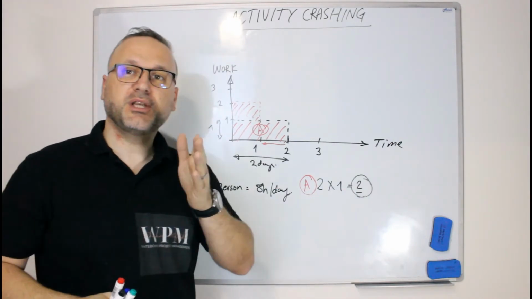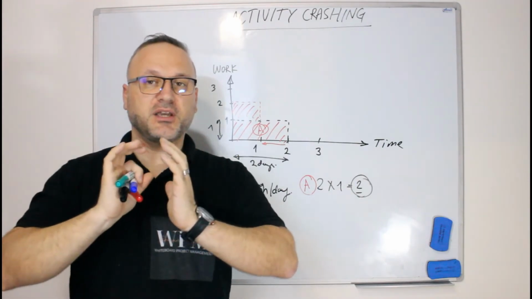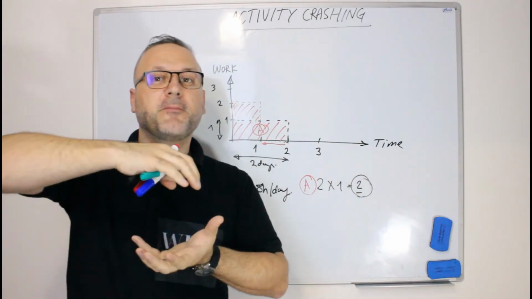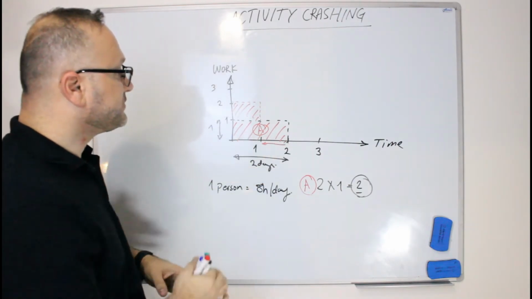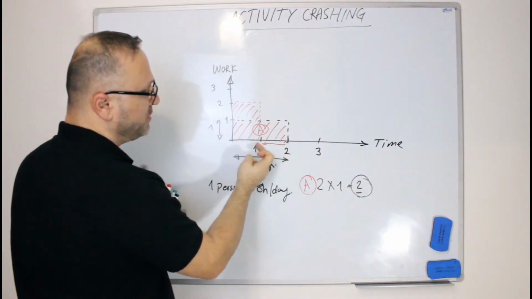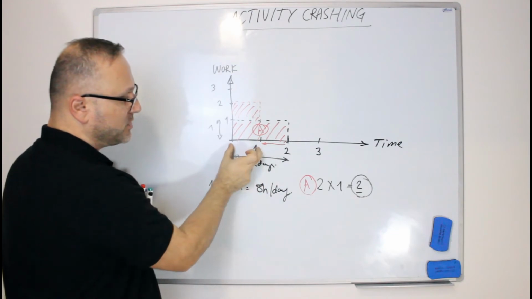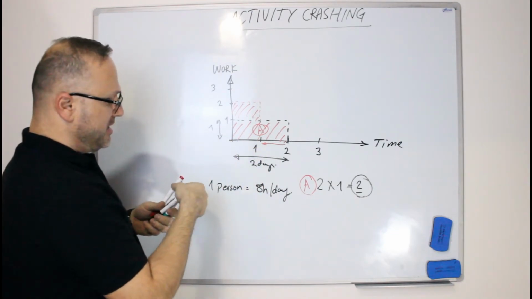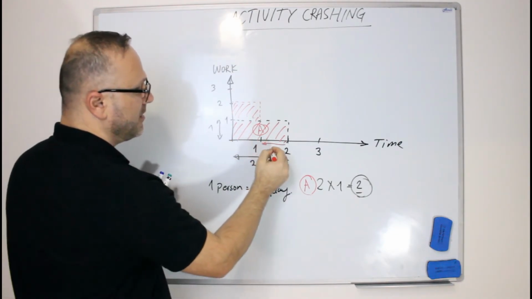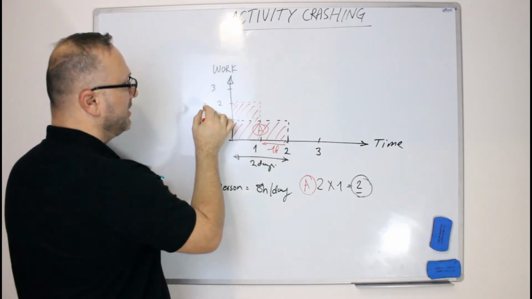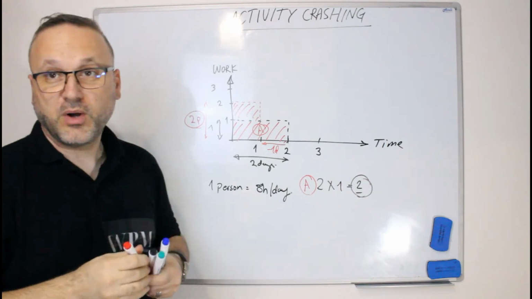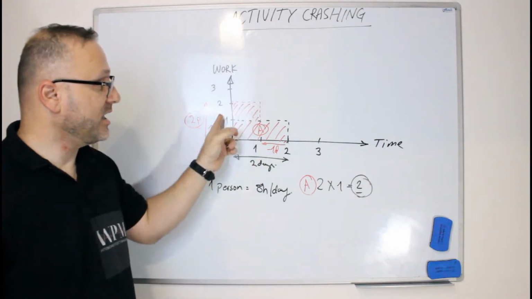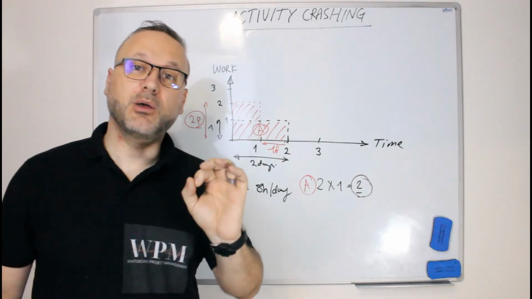That means you reached the limit of your crashing on the horizontal side, and it will increase on the vertical side. If I push this activity to reduce it to 1 day, it can be increased with 2 people in 1 day, but with a condition that it's logical.